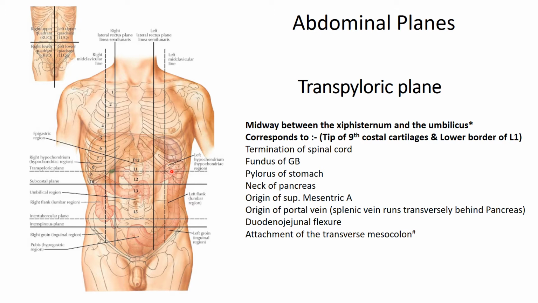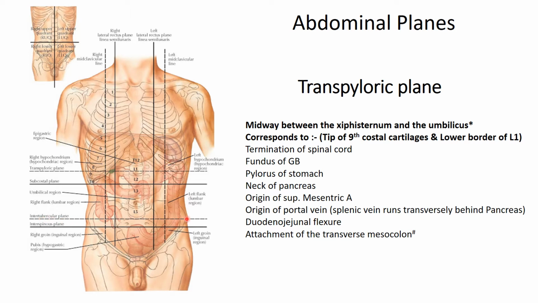These are also known as abdominal planes, and these are two paired vertical planes which on the superior aspect is related to mid clavicular line, and when extended inferiorly it corresponds to mid inguinal point, which is midway between the anterior superior iliac spine and pubic symphysis. So these are the two vertical planes, mid clavicular line.